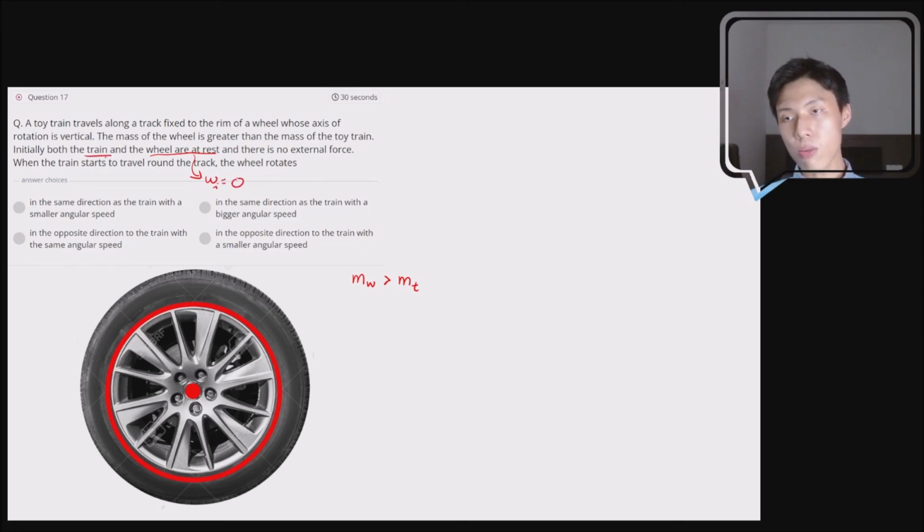The train is not moving, so the speed of the train should also be equal to 0. There is no external force, which means there is no external torque. That means your angular momentum will be conserved.